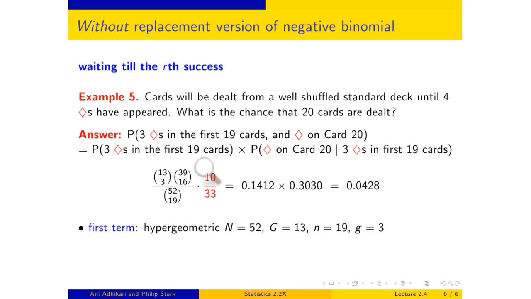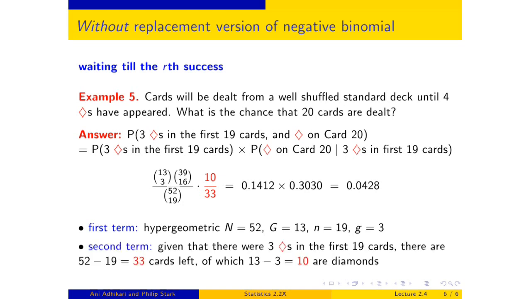So what's this? This is the conditional chance of getting a diamond on the next card, given that you have 3 diamonds in the first 19 cards. So how do we work that one out? You've dealt 19 cards. So how many cards do you have left? You have left 33 cards. And do you know anything about them? Yes, you do.